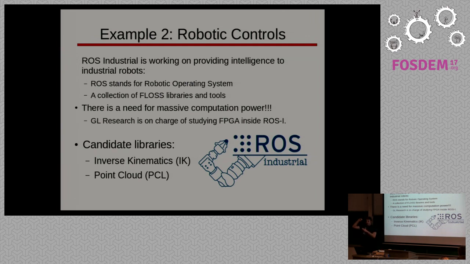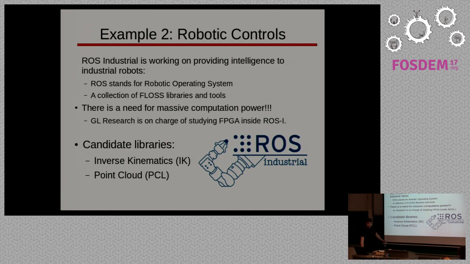It is a very computing-intensive task, and in order to plan a path or a movement, a robot might lose tens of seconds, maybe even a minute if it is complex enough. Another one is point cloud, which is more related to artificial vision and so on.